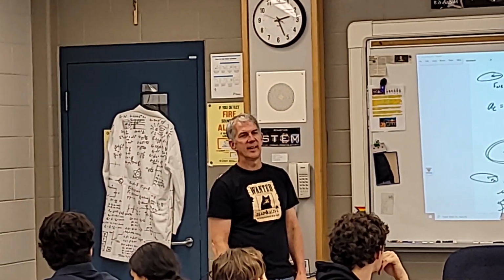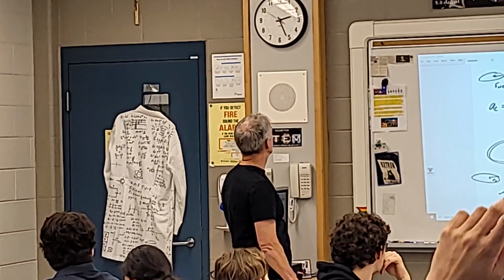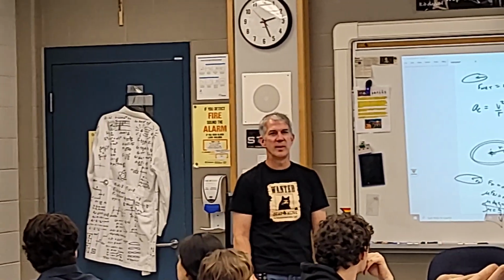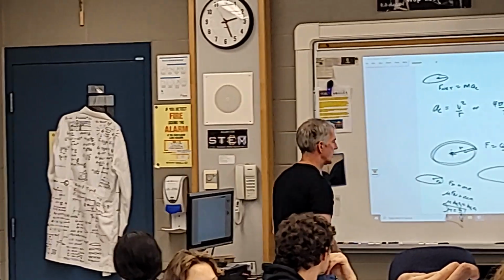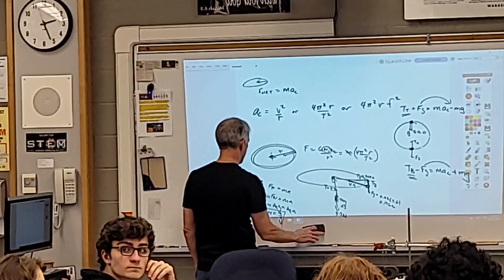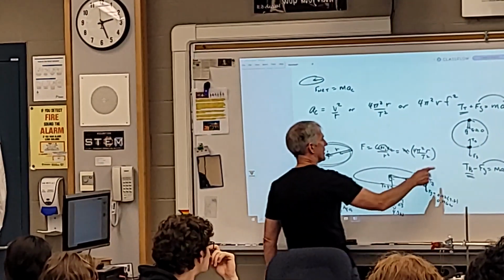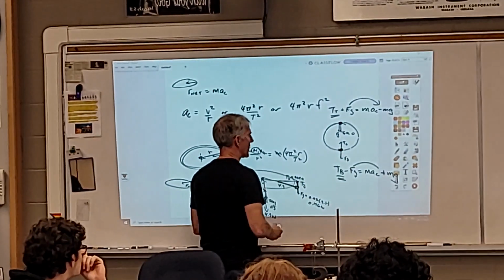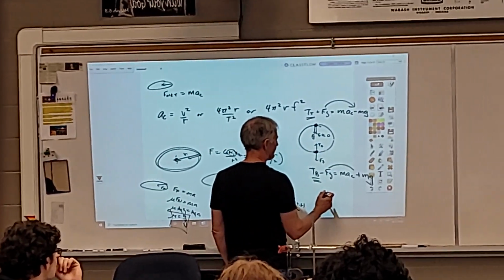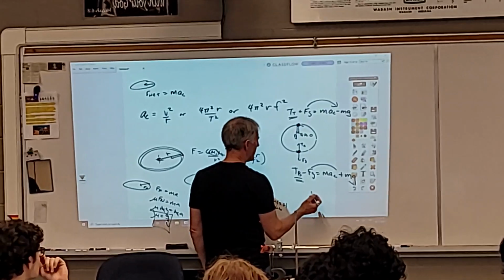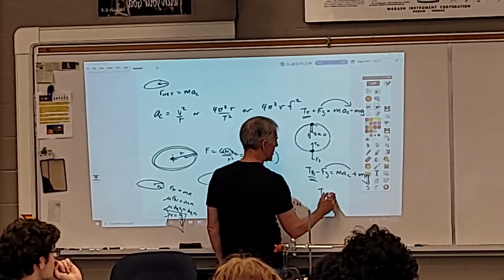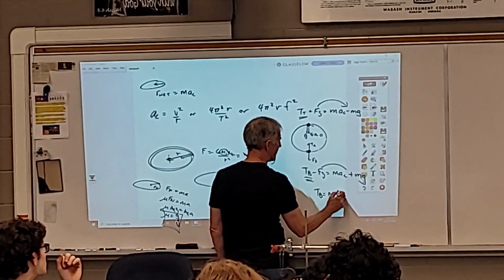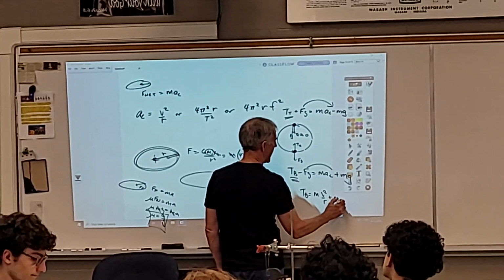Anybody have anything they'd like to see on the forces unit? I do want to give you about 25 minutes if I can. Sean, what do you got? How do you find the velocity at the bottom? Okay, it depends. The tension at the bottom is ma, which is mv squared over r plus mg.